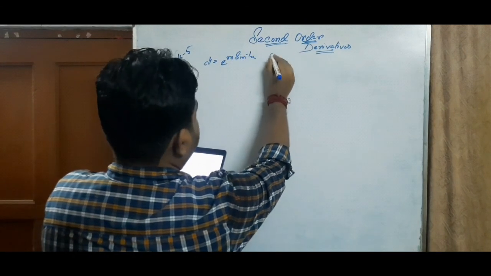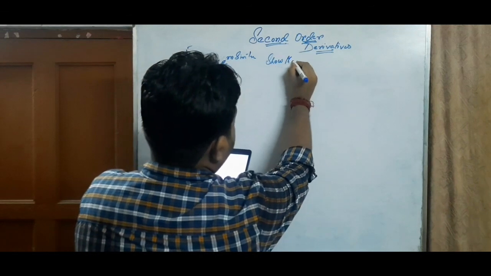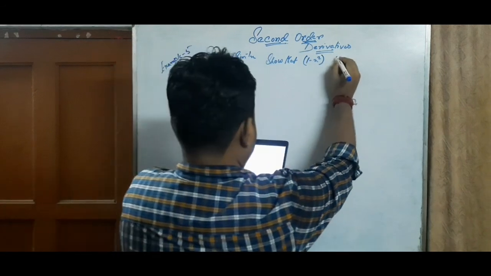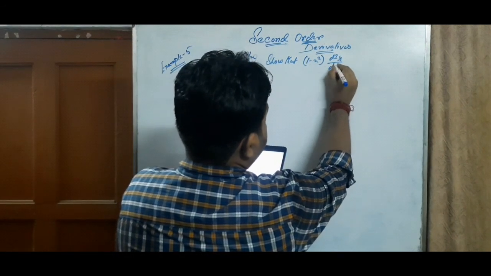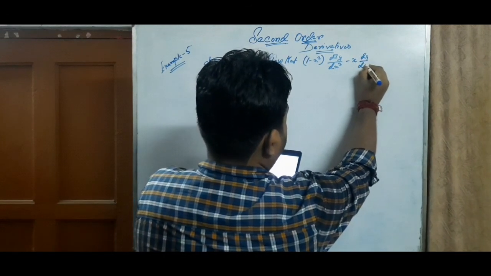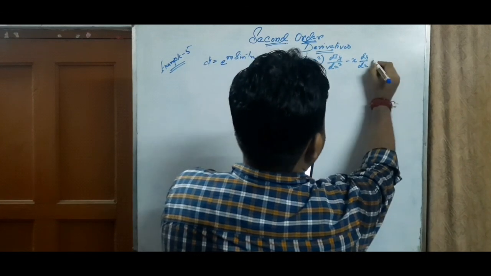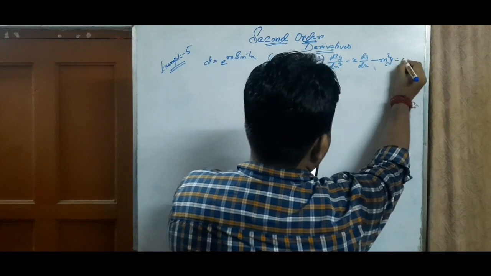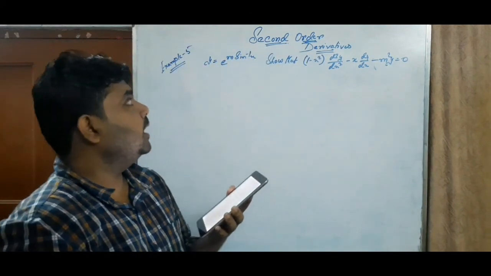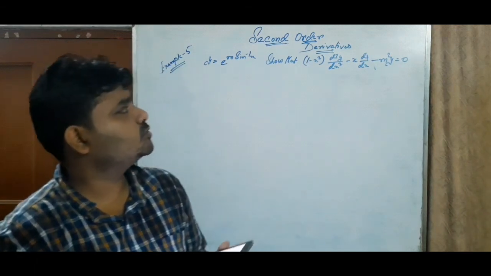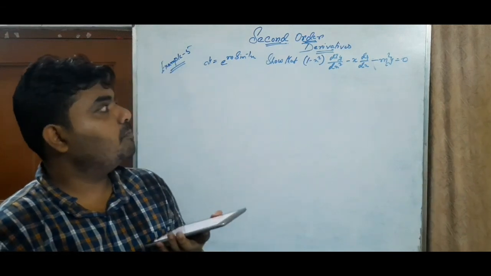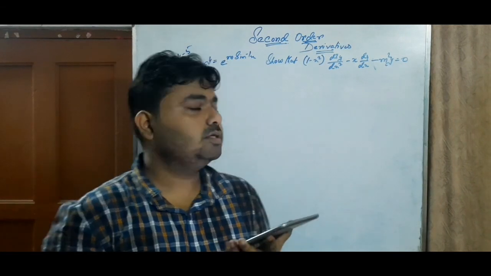Show that 1 minus x square d2y/dx square minus x dy/dx minus m square y equals 0. So y equals e to the power m sine inverse x, we have to show that 1 minus x square d2y/dx2 minus x into dy/dx minus m square y equals 0.